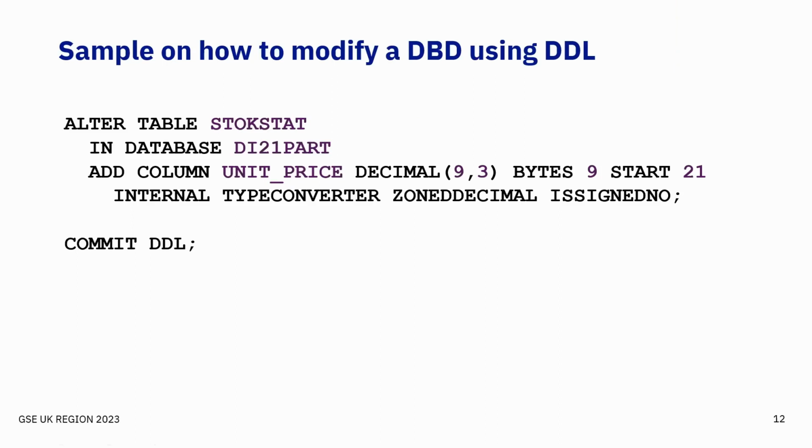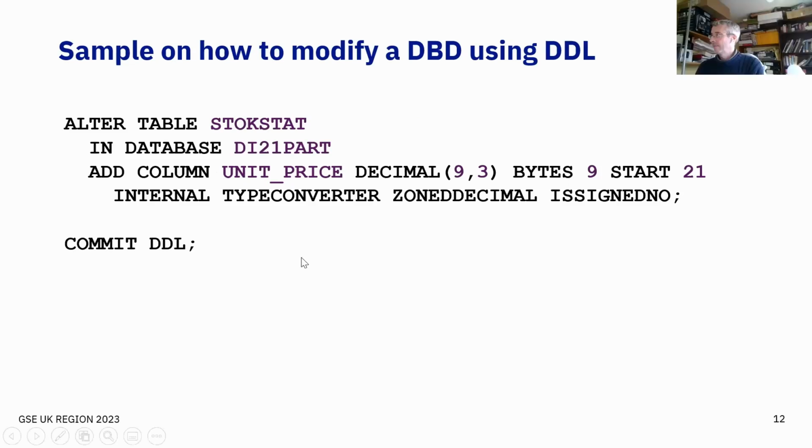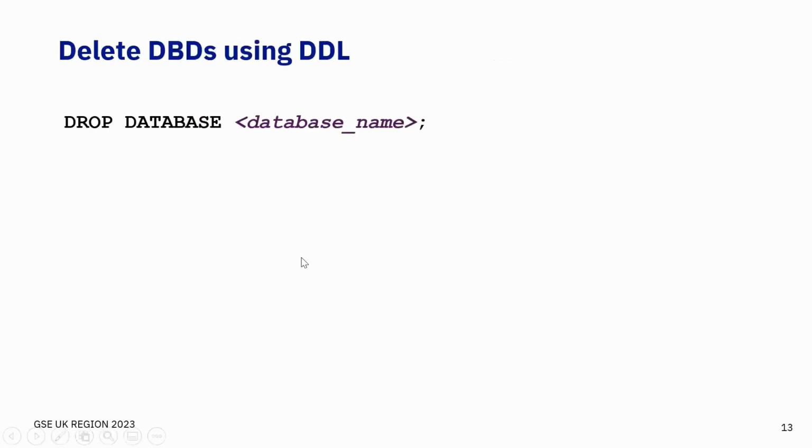That's right. So this applies to all databases, not just to VSAM, but also to OSAM. Yeah, absolutely. And then if you want to delete a database, you just say drop database, and that's how it gets deleted, right?